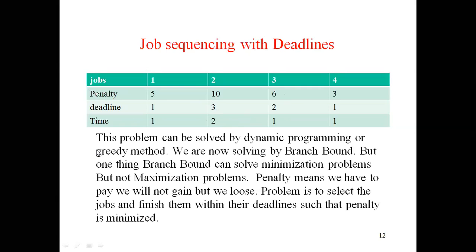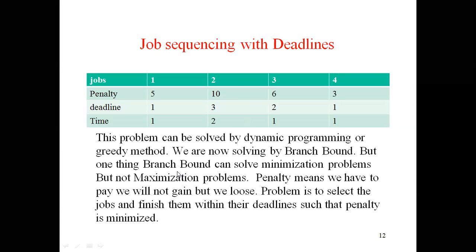This problem can be solved by dynamic programming or the greedy method. Already we discussed there are different design techniques for algorithms for solving problems, that is dynamic programming and greedy methods. We are now solving it by branch and bound.